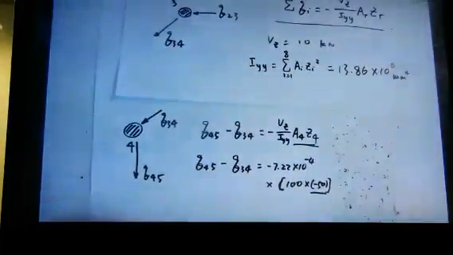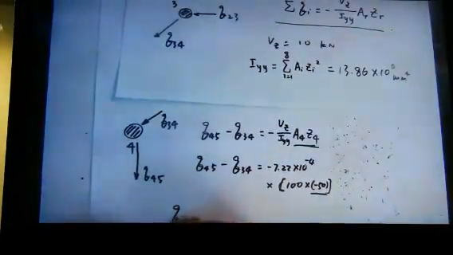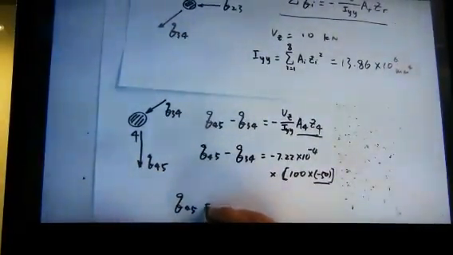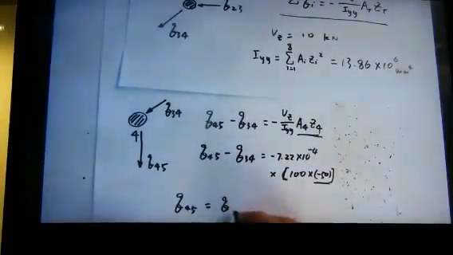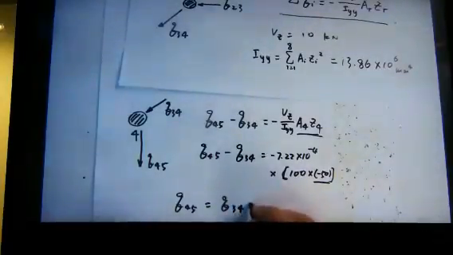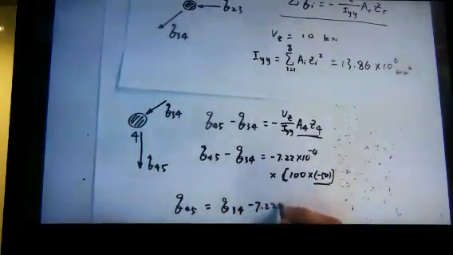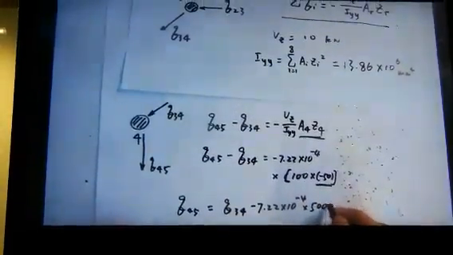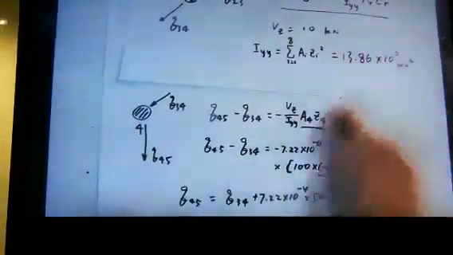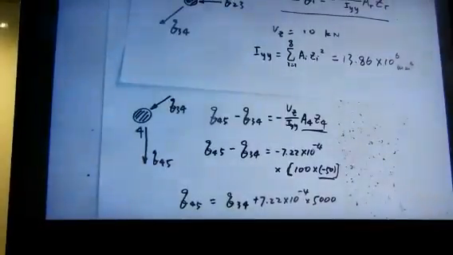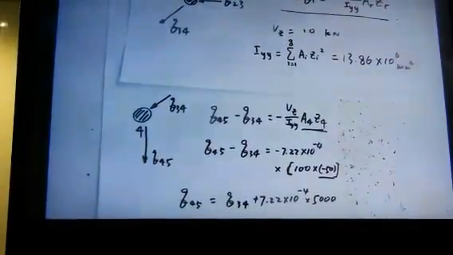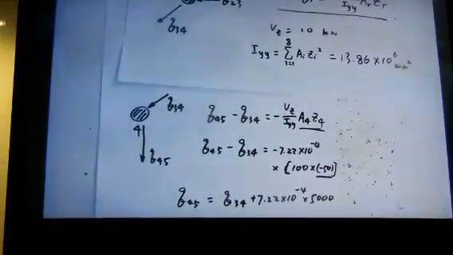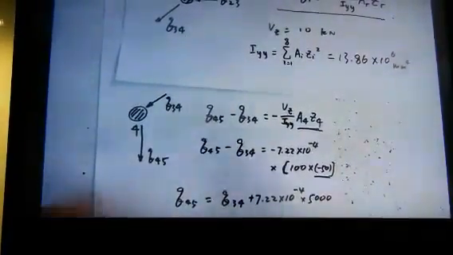So according to this equation, Q45 equals Q34 minus 5,000 plus this one times this one, 5,000, and positive becomes positive. And then move this term to the right. So this is the equation.